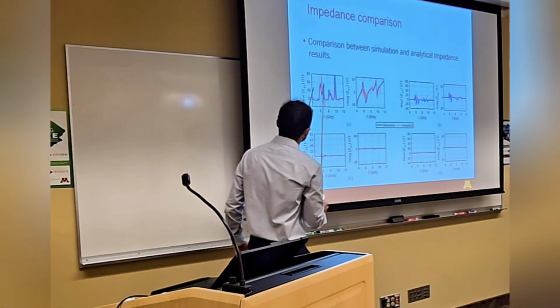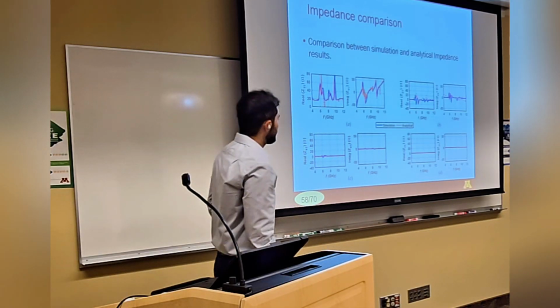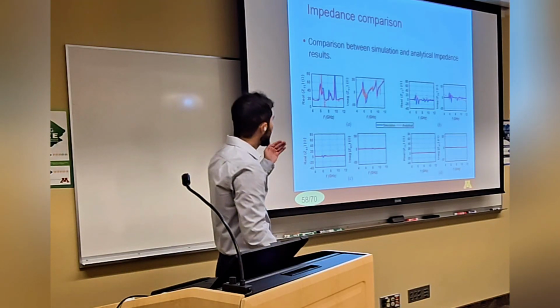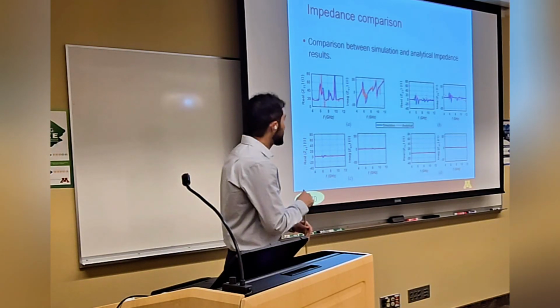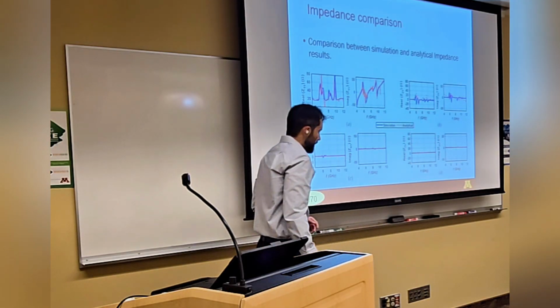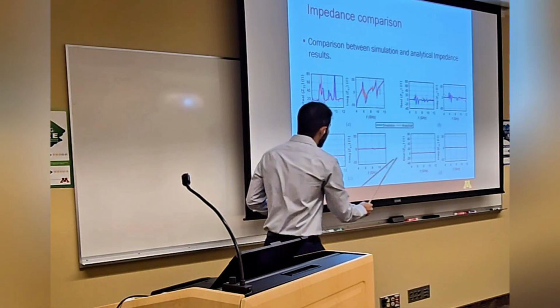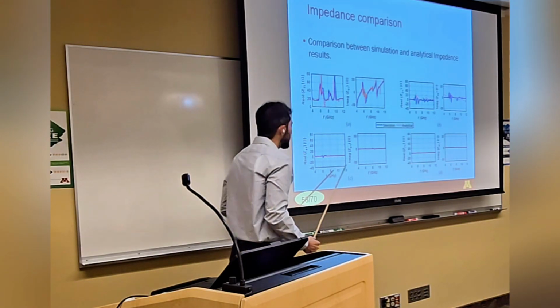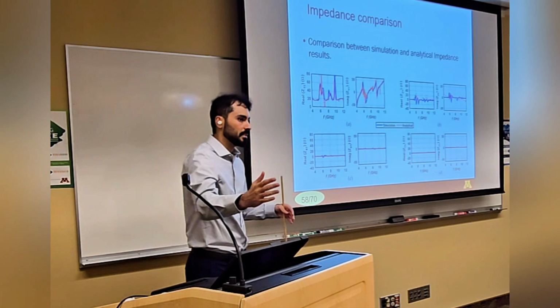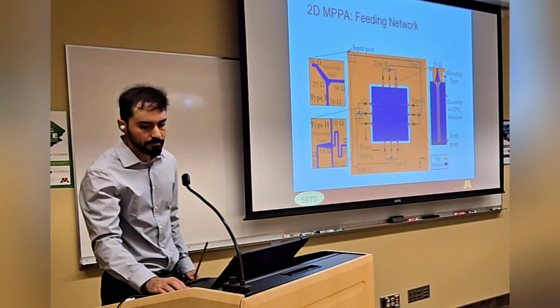This one shows the real part and imaginary part of Z11, which is an example of self-impedance, and this one is an example of coupling between 2 ports located in the same branch, and these are the coupling between ports located in different branches, and we correctly consider them around 0.